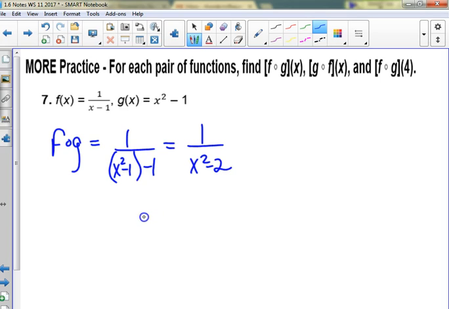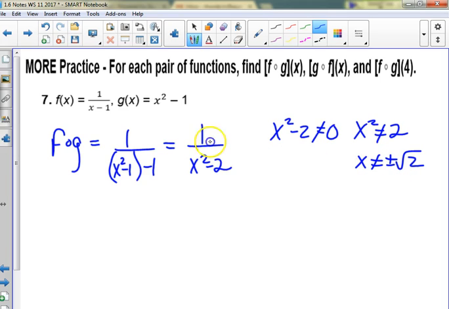Now, I think the issue here is most of us are going to say x squared minus 2 cannot equal 0. X squared cannot equal 2. So x cannot equal plus or minus the square root of 2.